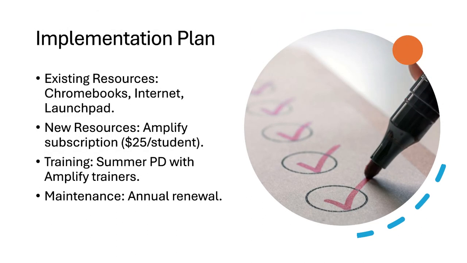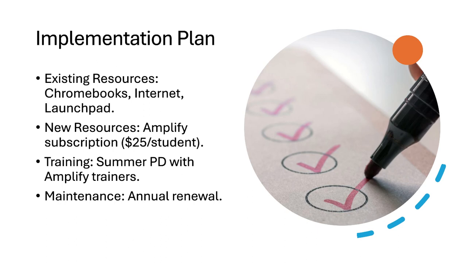So our implementation plan, we did have existing resources. Like I said, we do all have Chromebooks. We had access to the internet, and we have a school-based Launchpad, which has all of our digital programs. The new resource that we had to purchase was the subscription itself, which baseline is approximately $25 per student.